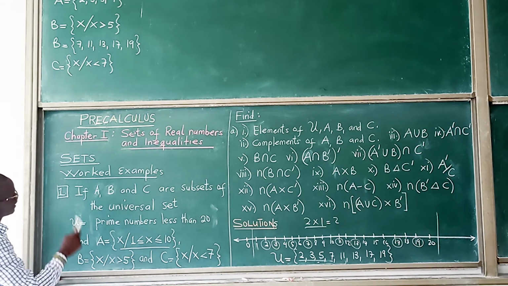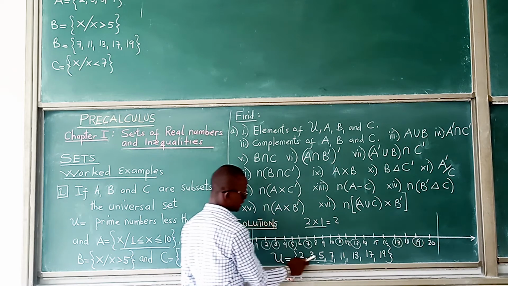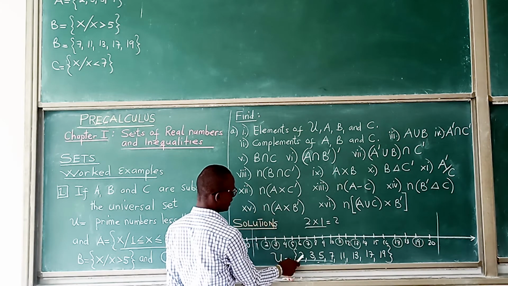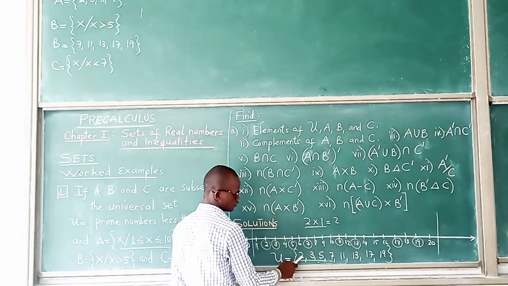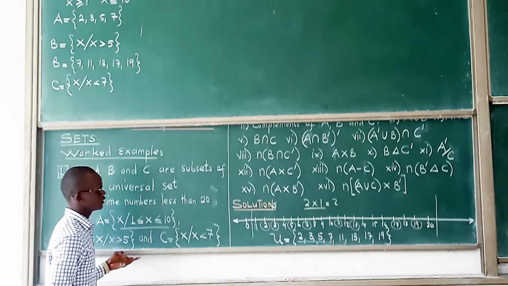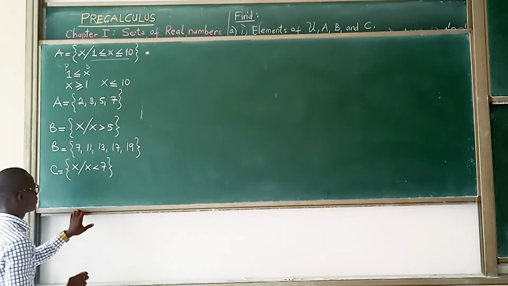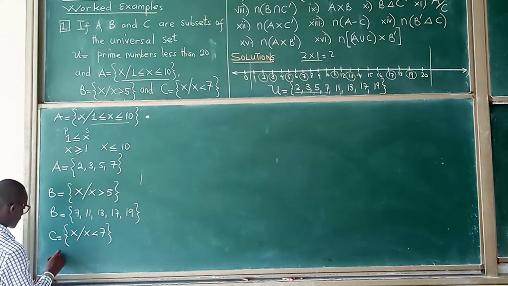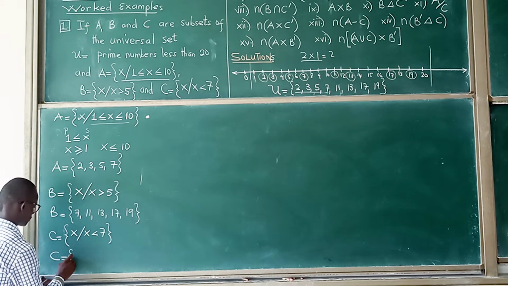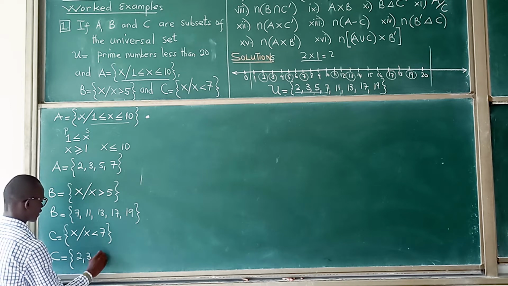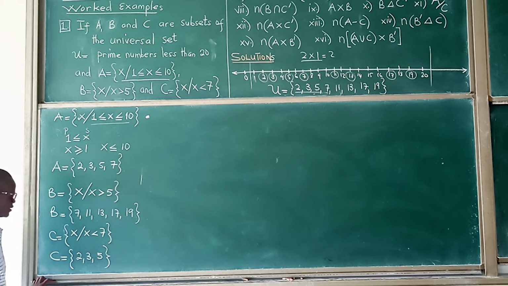All those elements within the universal set representing the x, we are saying x must be less than 7. So you have 2, 3, 5. Those are the 3 numbers that are less than 7 within the universal set. So we have set C now to be 2, 3, and 5 as the elements.